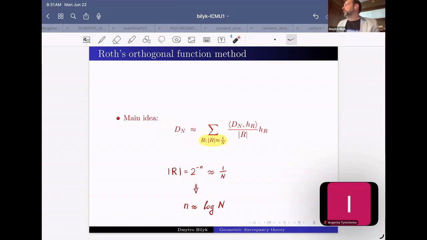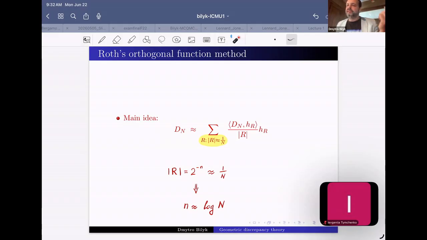Why is that so? Well, you can give some heuristic explanation. Basically, if the rectangles are too big, they usually capture too many points and there's too much cancellation, so they don't give you much information. For example, if you take the whole square, the whole cube, the discrepancy of the whole cube is 0. You have N points, so you subtract N times the volume, which is 1, and it's 0.